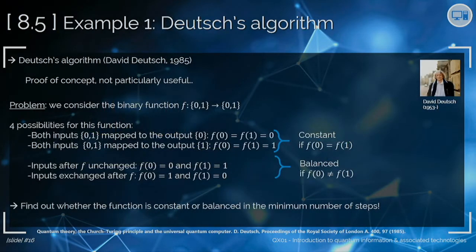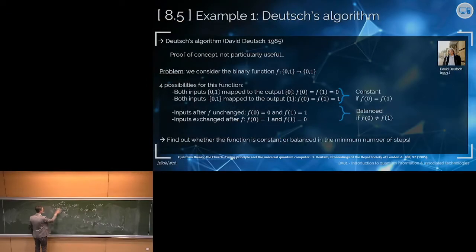Okay. So let's have a look at a first example of an algorithm. This is the so-called Deutsch's algorithm. Here we're going to spend some time on that. This algorithm comes from an article published in 1985 by David Deutsch.